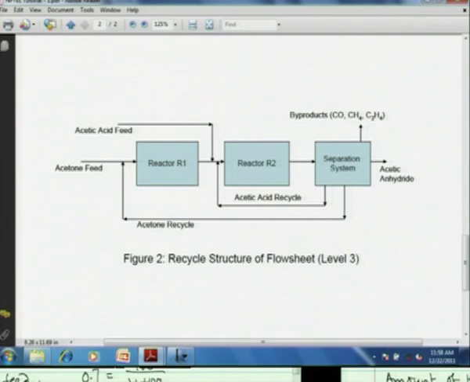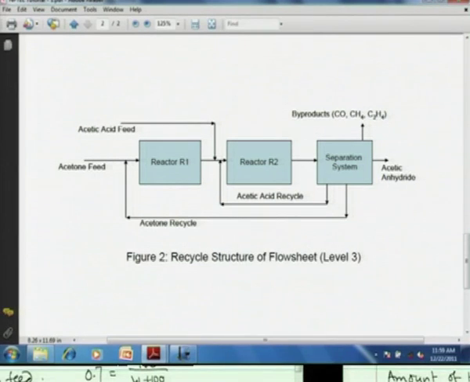The separation system would try to separate out the main product acetic anhydride and also the byproducts carbon monoxide, methane and ethylene, which could be further used as fuel in the same process at some other equipment, and then the two recycle streams will be generated from the separation system. First is the unconverted acetic acid and second is the unconverted acetone.